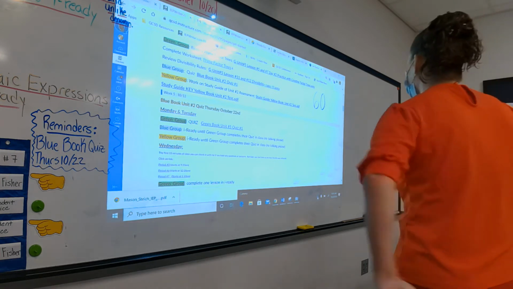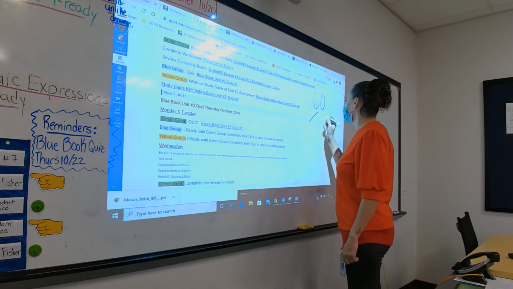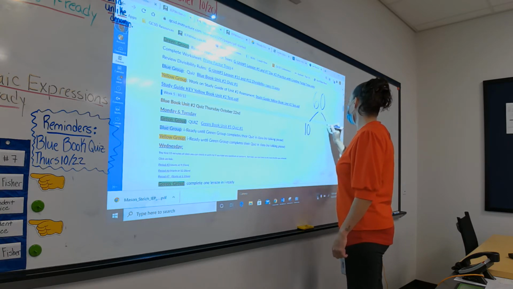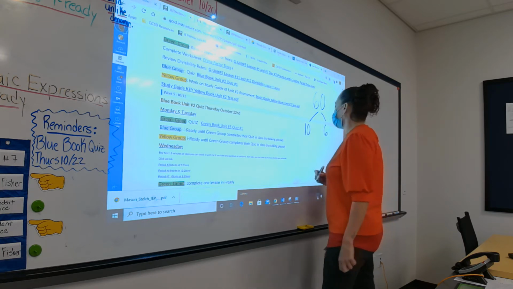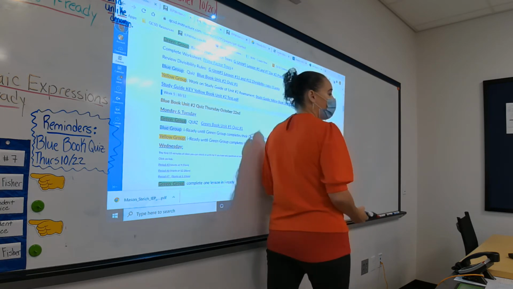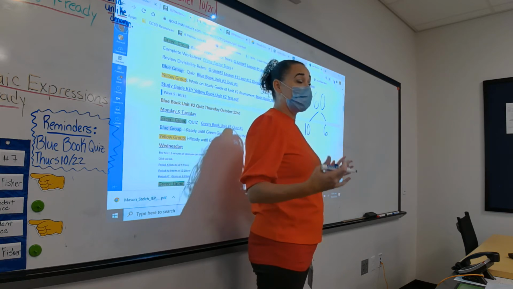All right, let's take a look. Okay, so Miss Fisher did 10 times 6. Now again, I know this is a composite number and this is a composite number because both of them are divisible by more than just 1 and themselves.